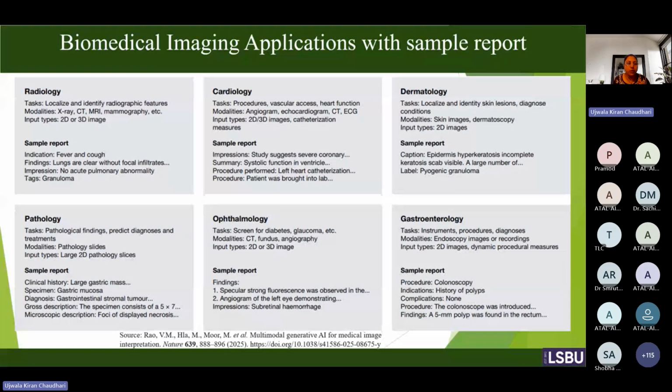For example, for radiology, what indications the modalities or reports are stating, like fever and cough. What are the findings? Maybe the lungs are clear without focal infiltration. What are the impression tags? So, whatever the requirement of the clinical experts, we can generate such sample reports based on the inputs we have available.